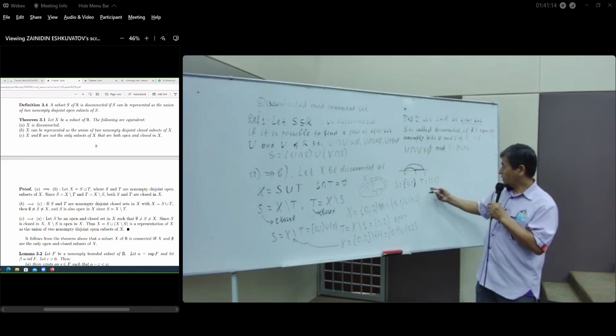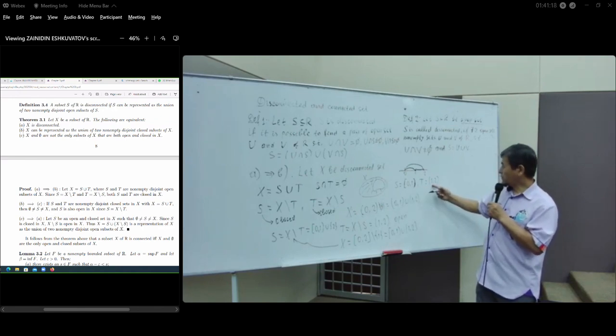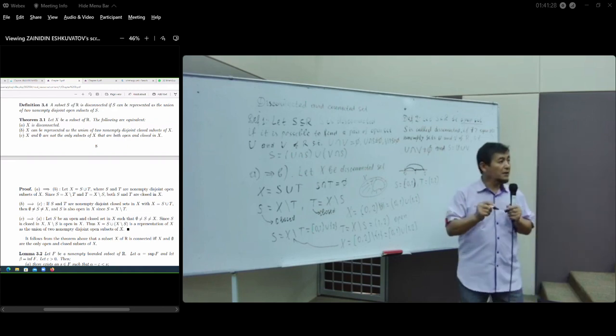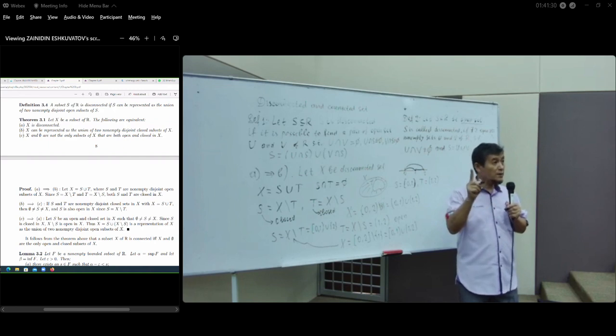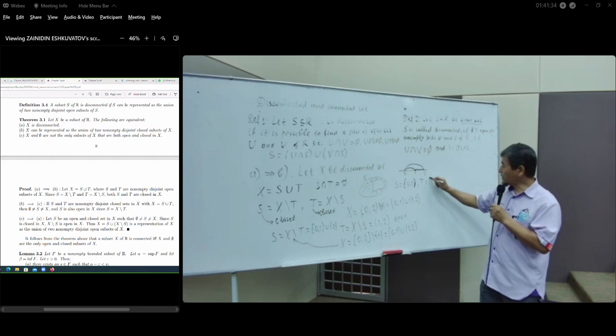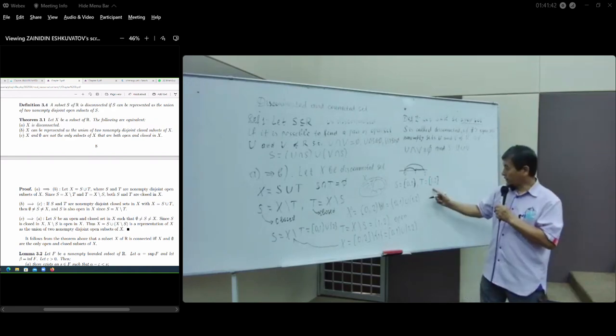So I can say from 0 to 1, but this one, how can I take that as a closed set? S and T closed, it is a closed set, disjoint closed set. If I took it like this, it is not disjoint. I mean, the intersection is 1.